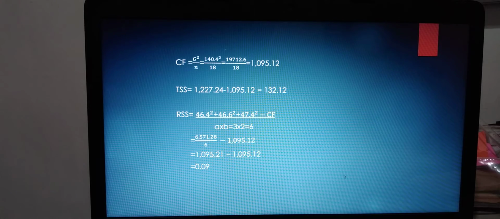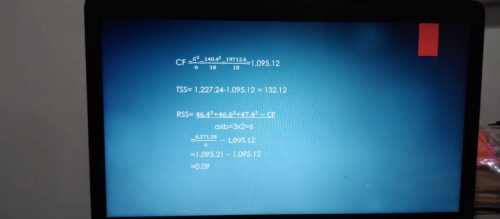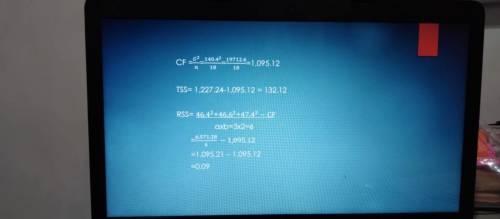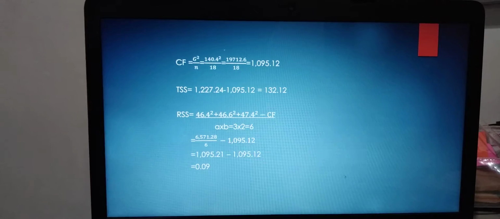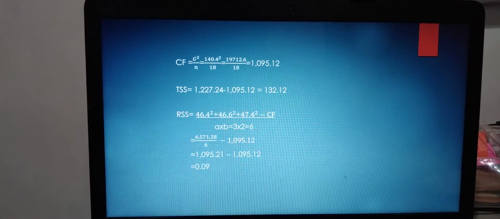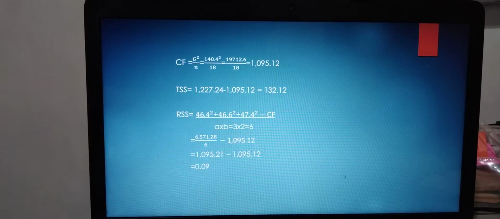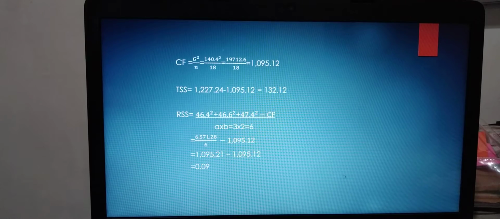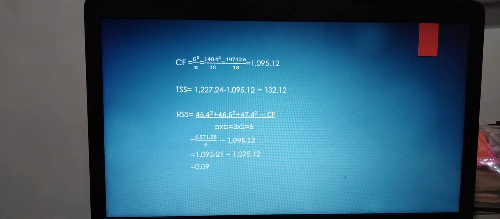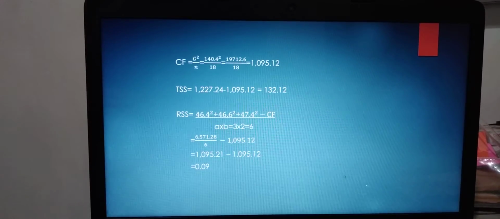So CF, or our correction factor, is equal to G squared, or our grand total, over N, which is our replication, then equals 140.424 squared from our previous table, over N, equals 19,712.6 divided by 18, is equal to 1,095.12.